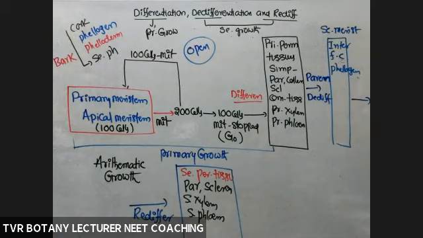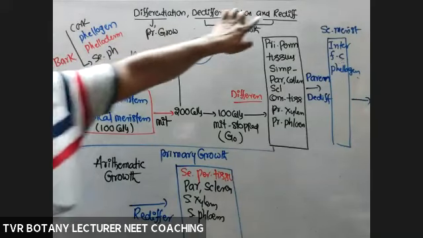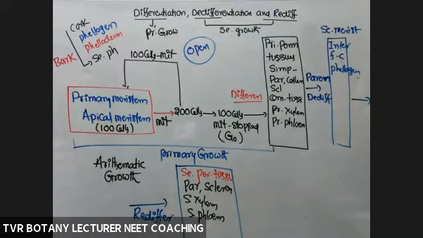Are you following me? This is very, very important. See, my question is secondary phloem. Is secondary phloem part of bark or not? So what about secondary phloem? Secondary phloem is the redifferentiation product of vascular cambium.